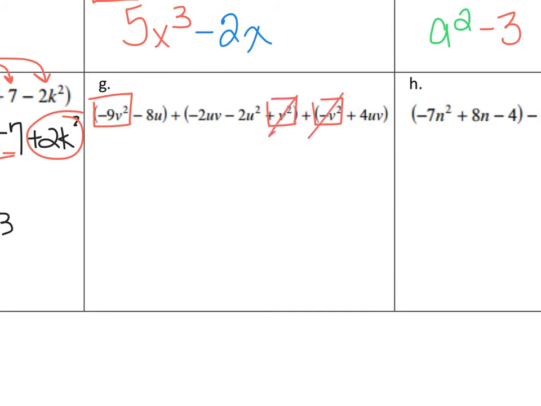These two cancel each other out. And what I end up with is negative 9v squared. Now I'm going to use terms with just plain old u. I have a negative 8u, and I believe that is it. So we're done with that one.